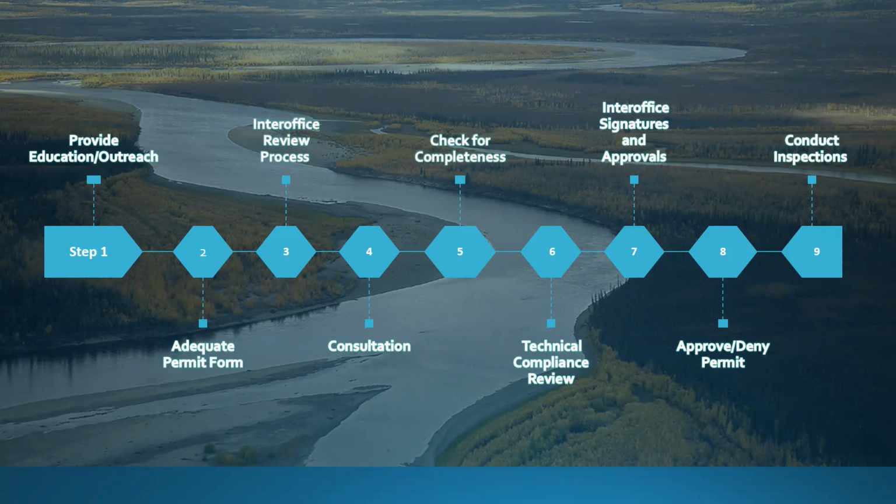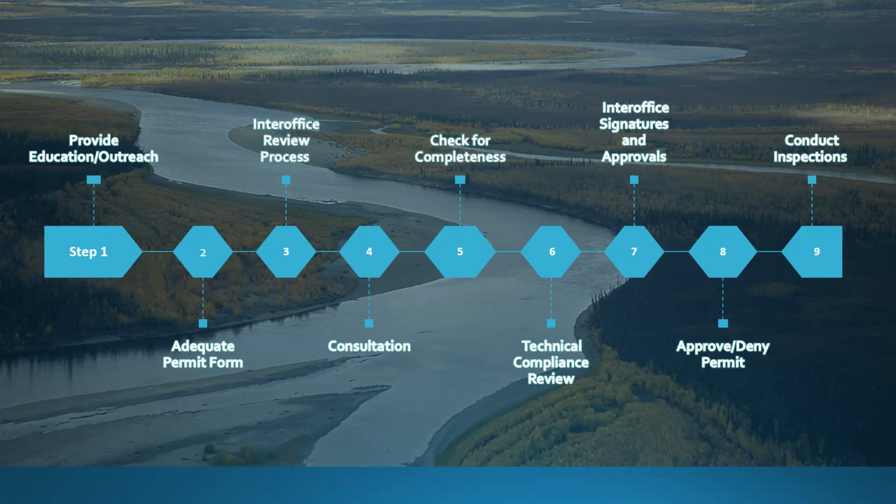First, outreach and education for citizens in the floodplain and community members so that people are aware that floodplain development needs to be permitted, and then having an adequate permit form. It's another important document that hopefully serves as a checklist for verifying all the different parts of compliance that would apply to new development.